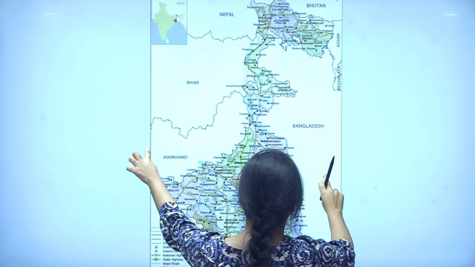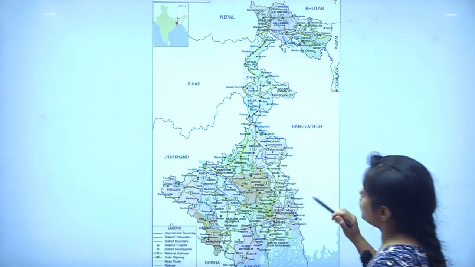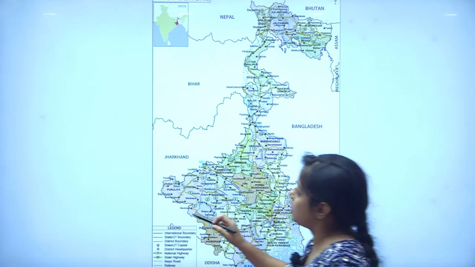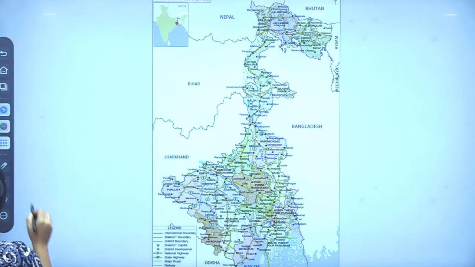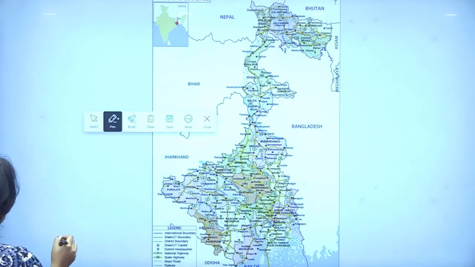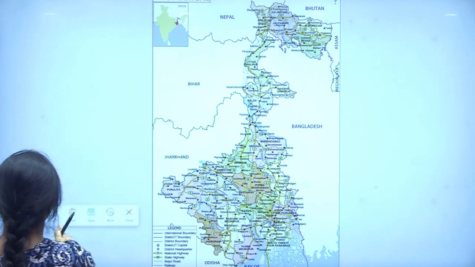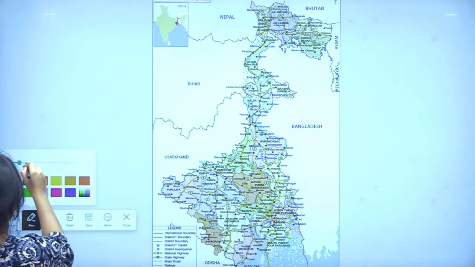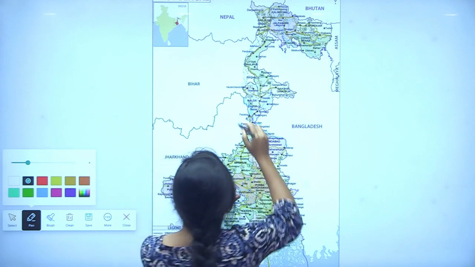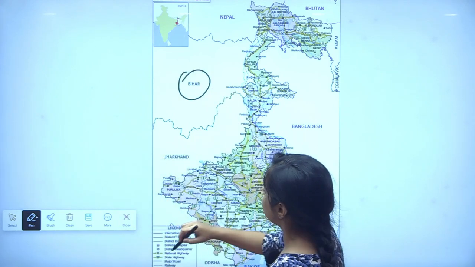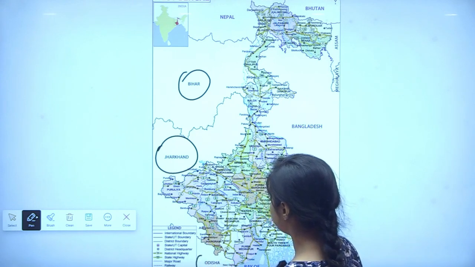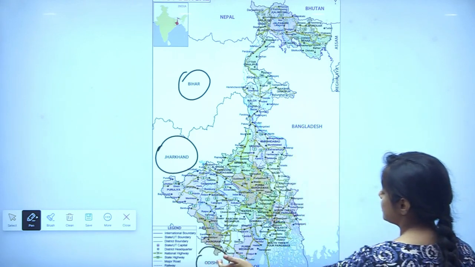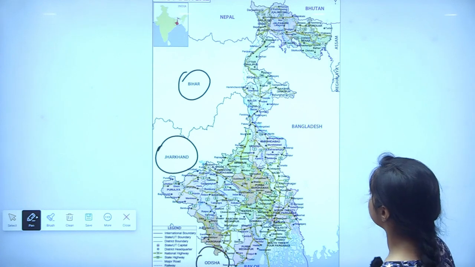So here is the map. We can see the bordering states here. The first state that we see is Bihar. The second state is Jharkhand. Here we find Odisha near the southwest portion, and Assam.